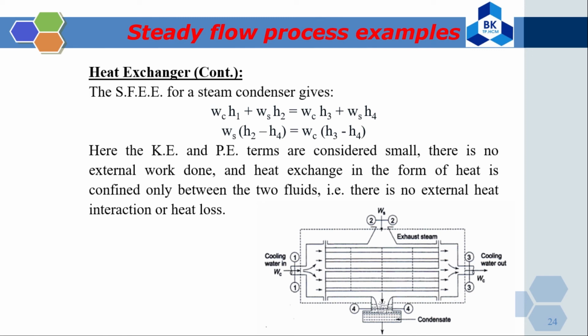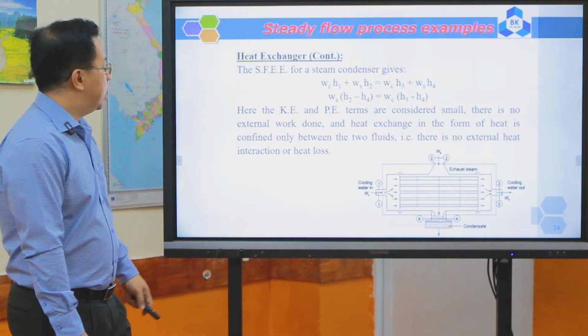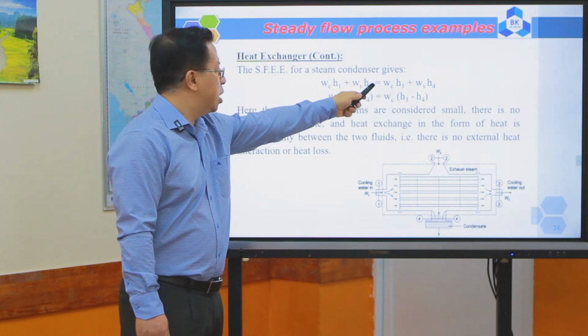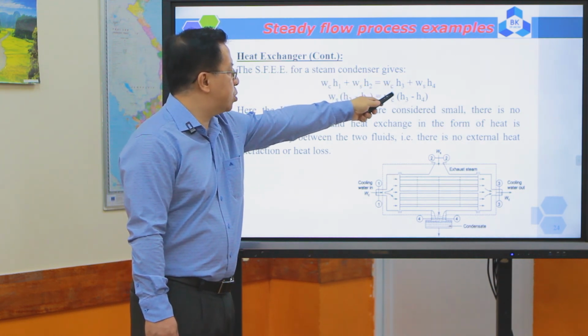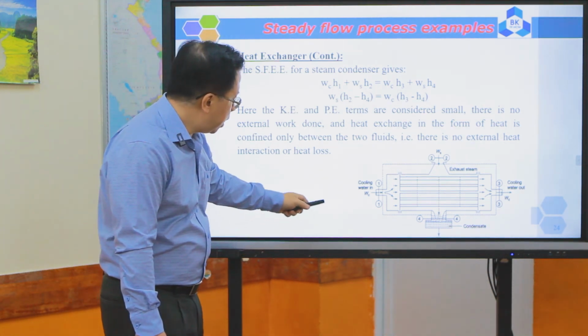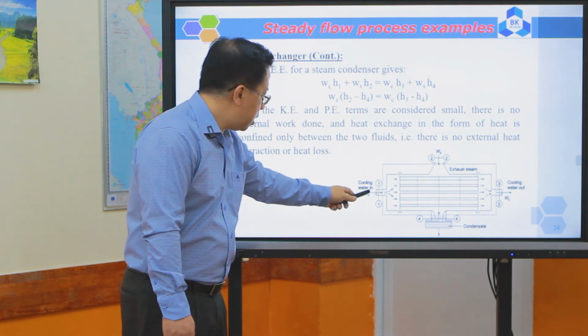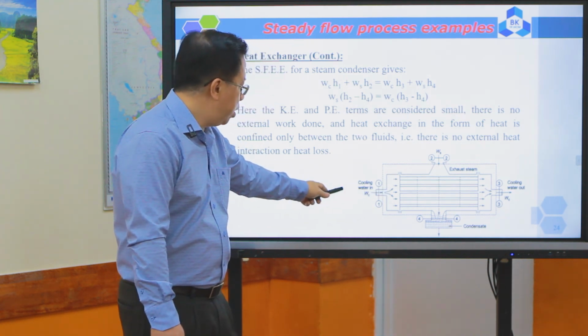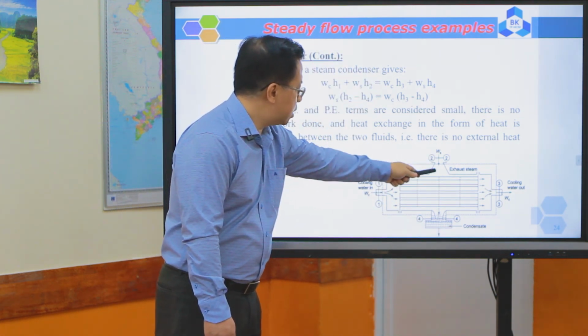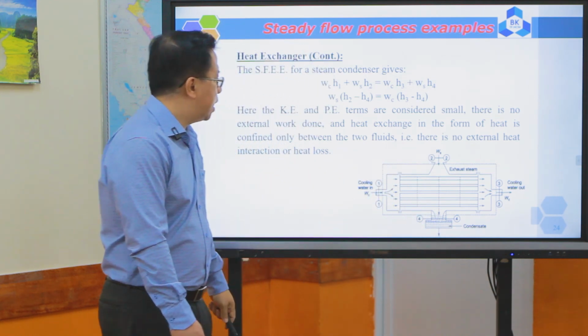So the steady flow energy equation written for the steam condenser, you get this formula: Wc H1 plus Ws H2 equal to Wc H3 plus Ws H4. So you know that Wc is the mass of the cooling water going in and out, whereas Ws is the mass of the steam going in and out.